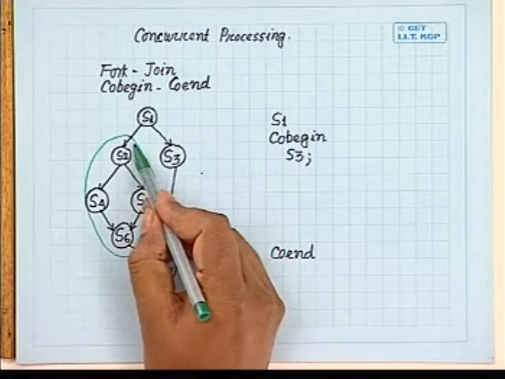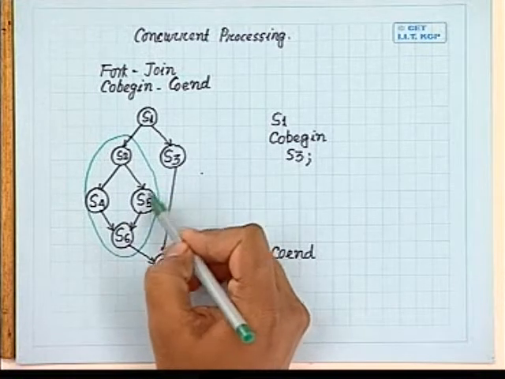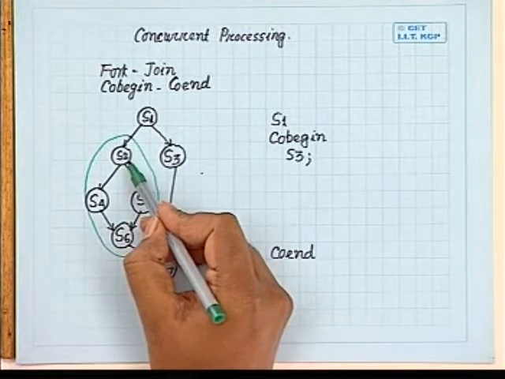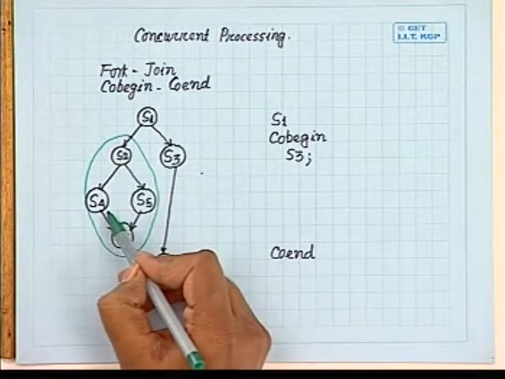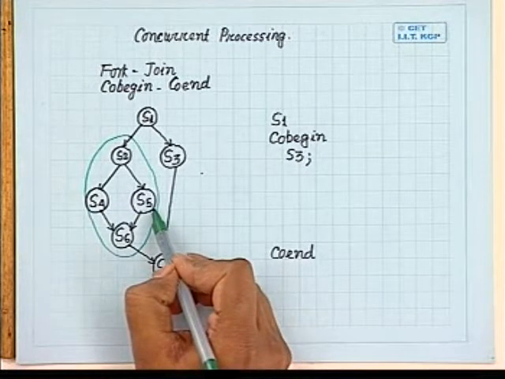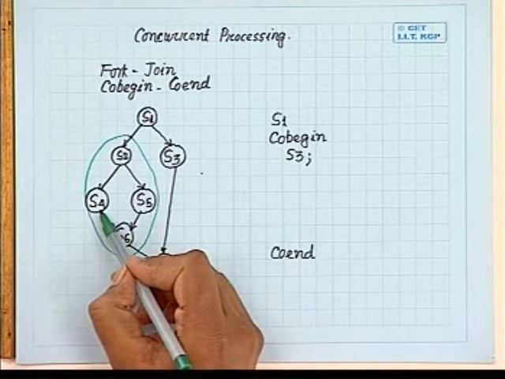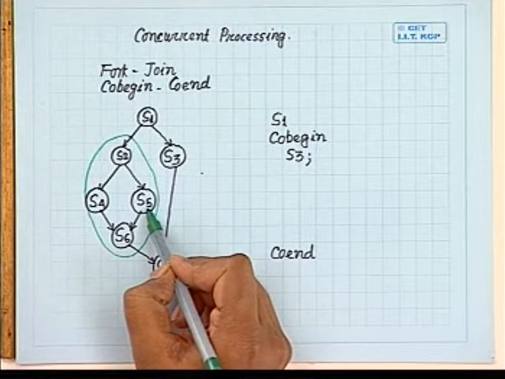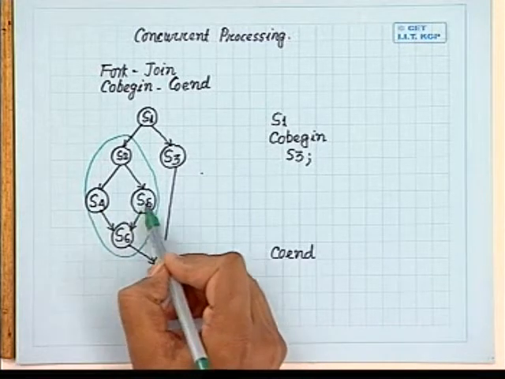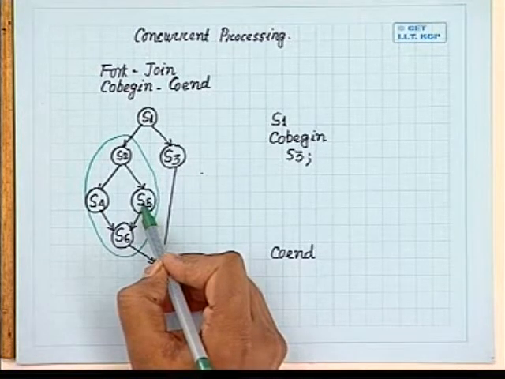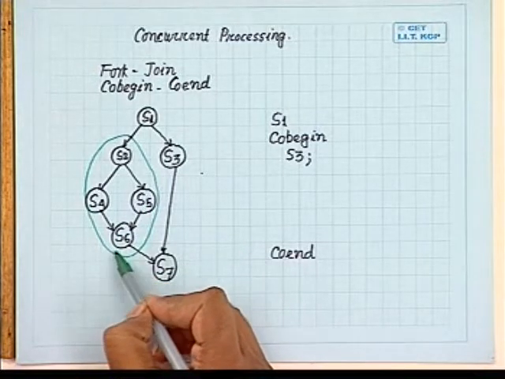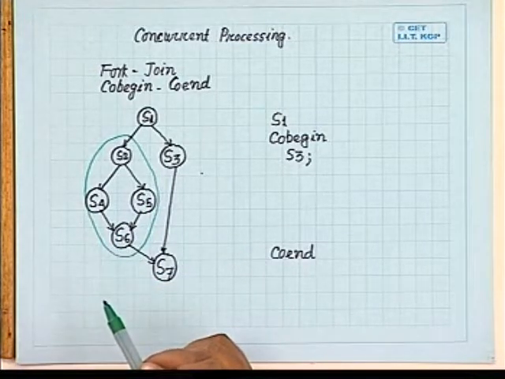When I come to this part of the precedence graph, firstly I have to execute S2, followed by creation of two processes. One process will execute S4, the other process will execute S5. After completion of both S4 and S5, S6 has to be executed by a single process.